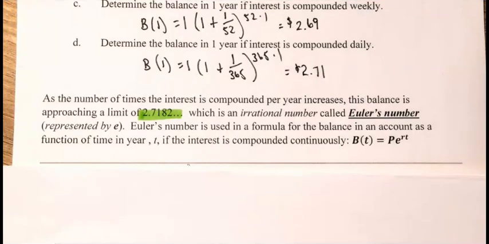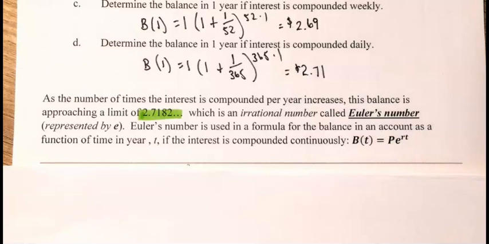So, as the number of times the interest is compounded per year increases, you'll notice that this balance is approaching a number 2.7182, which you may have never seen before, but this is called the irrational number Euler's number, and they represent that with an e.